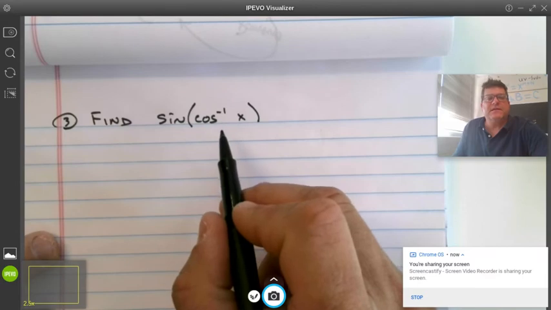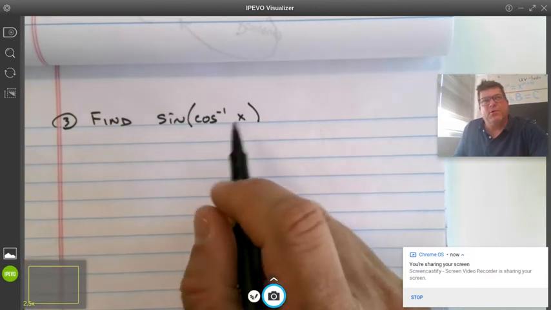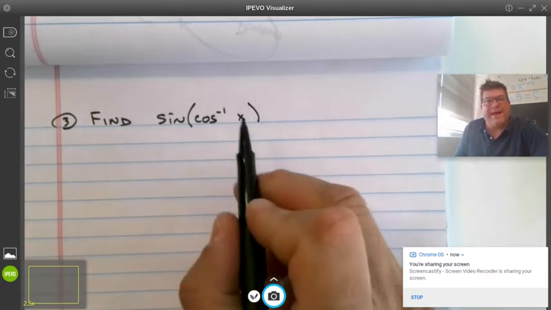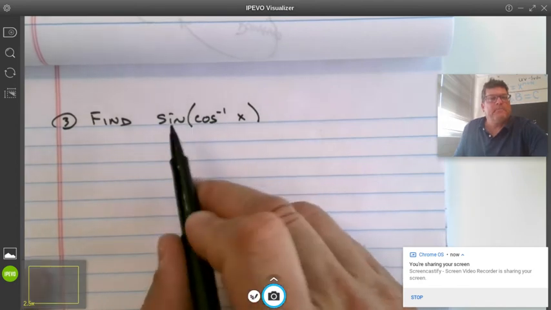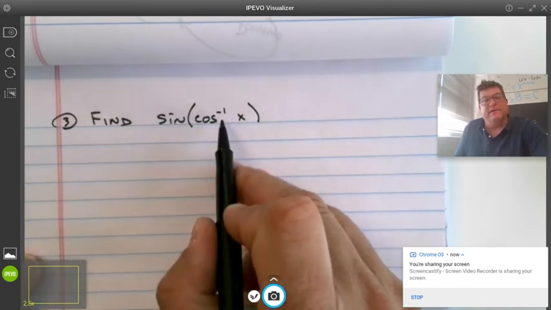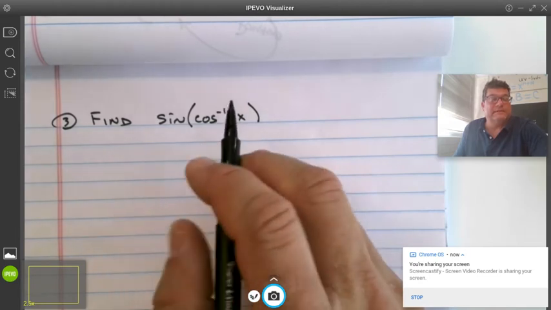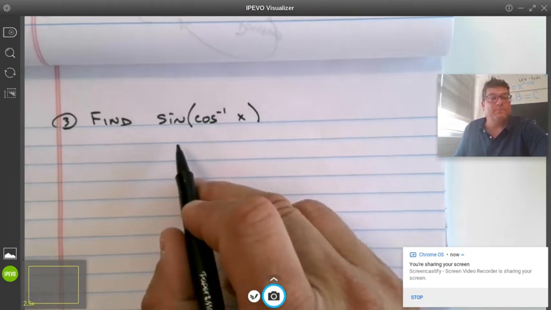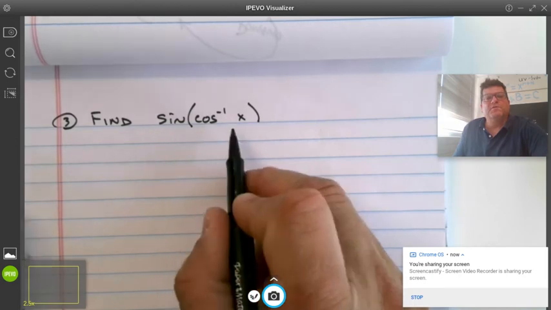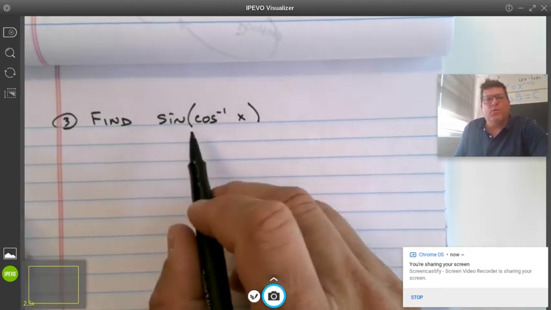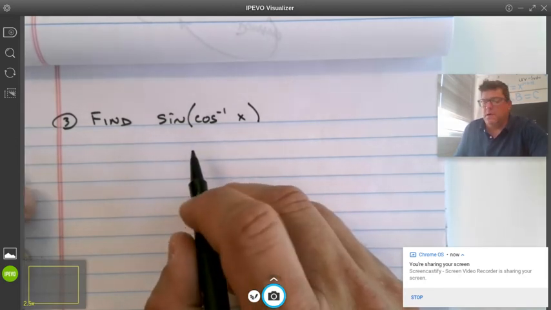It just gives us an answer that's trapped between 0 and 180 degrees. The sine of an angle between 0 and 180 degrees is going to be anywhere from -1 to 1. So those are things we need to consider when we start doing these problems.